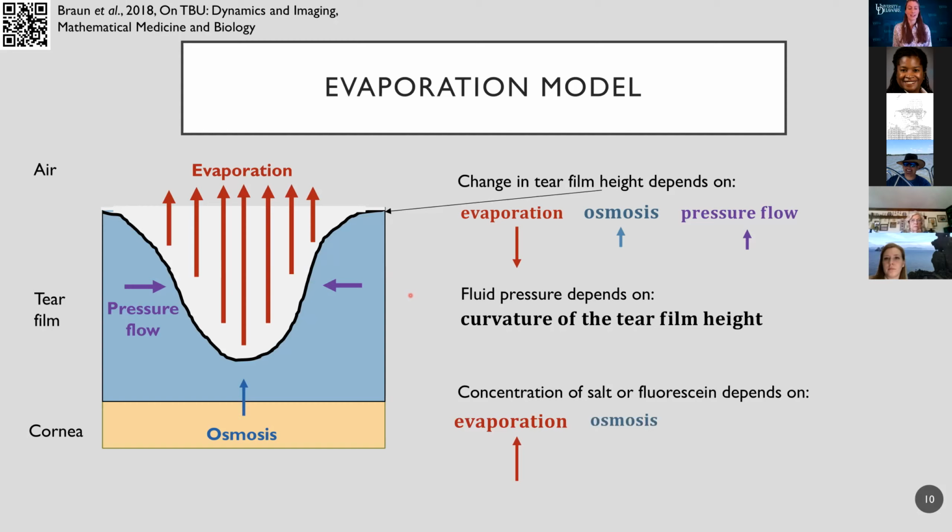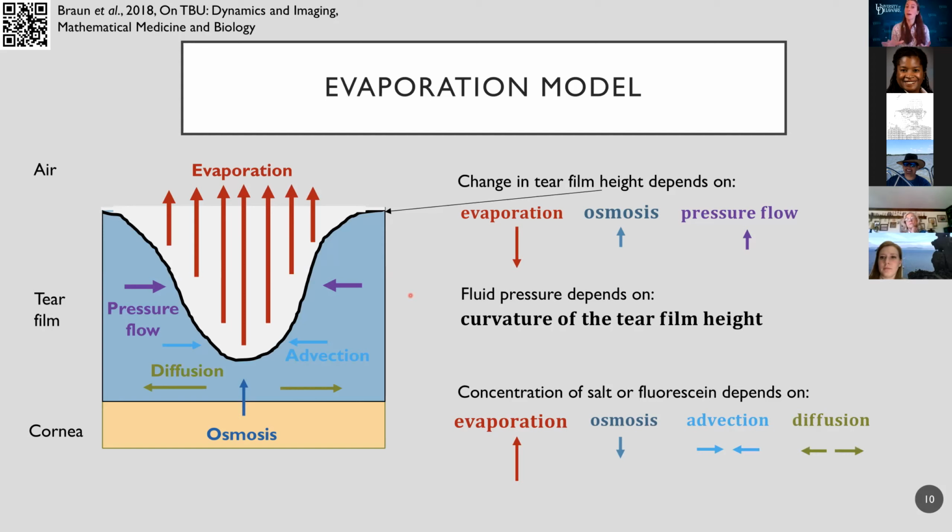Osmosis is diluting the tear film by adding water, so it's decreasing those concentrations. And then advection moves with fluid flow, so it's bringing those solutes into the middle. And diffusion spreads things out. So they're highly concentrated right in the middle of the breakup region. So diffusion is going to move things away. So it's going to spread things out.